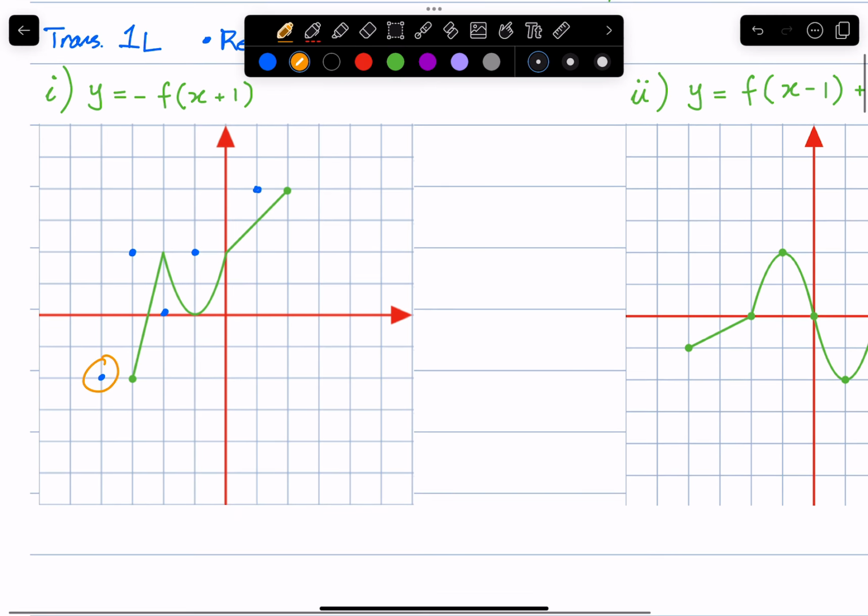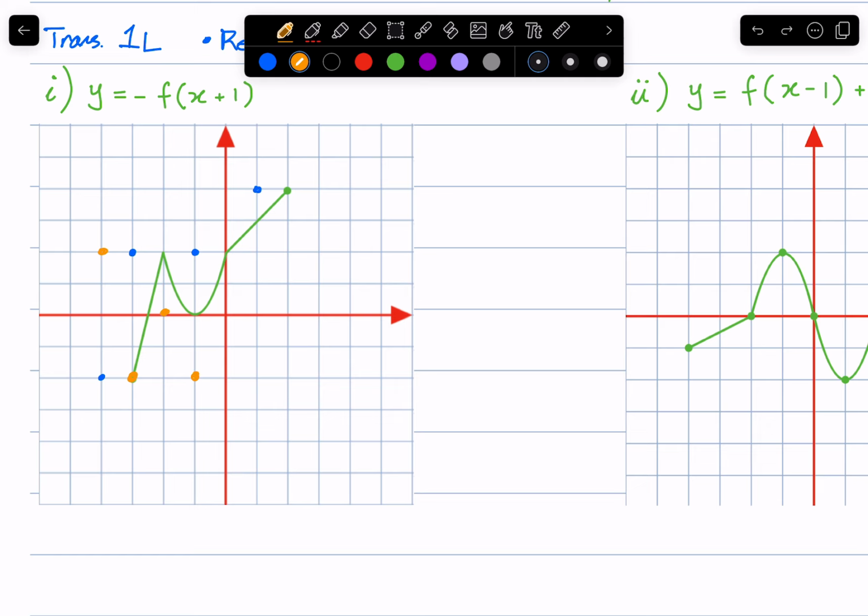Very slowly here, this point reflected on the x-axis will become this point. This point reflected along the x-axis will be reflected to here. Since this point is on the x-axis, it doesn't move, so that stays where it is. This point reflected on the x-axis is here.